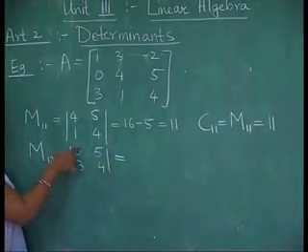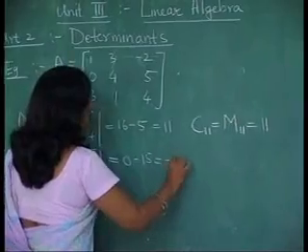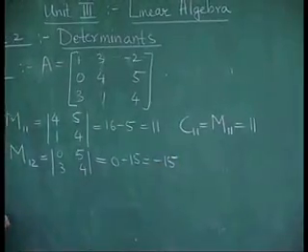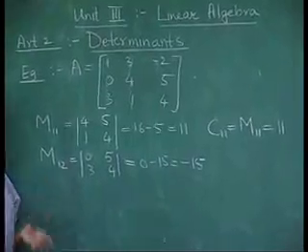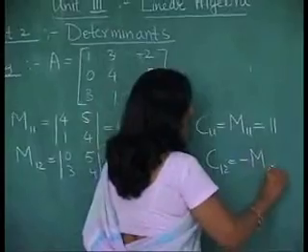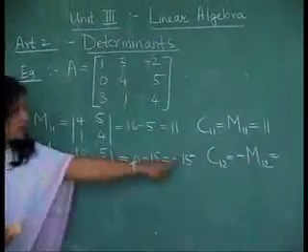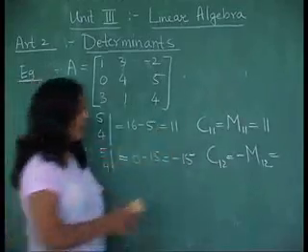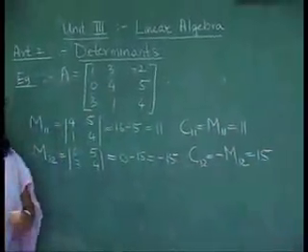Determinant of this matrix will be 0 minus 15, that is minus 15, and 1 plus 2 is odd. So cofactor will be the negative of the minor. Minor itself is minus 15, so cofactor will be the negative of this and therefore cofactor will be plus 15.